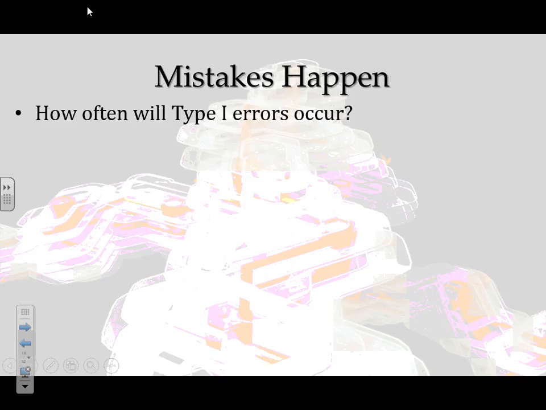So, the probability that we make a type 1 error should be, well, exactly, how would we calculate it? What would the probability of making a type 1 error be then? If I'm only going to reject if p is less than alpha, then what's the probability that I create a type 1 error?